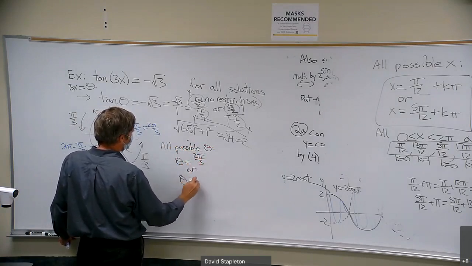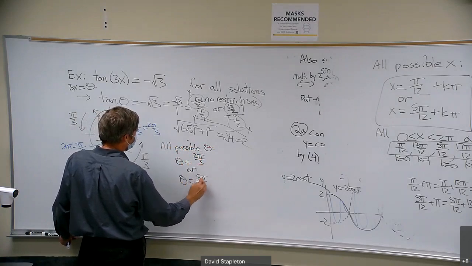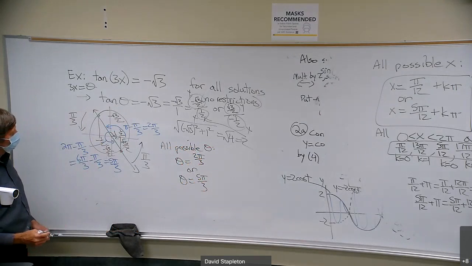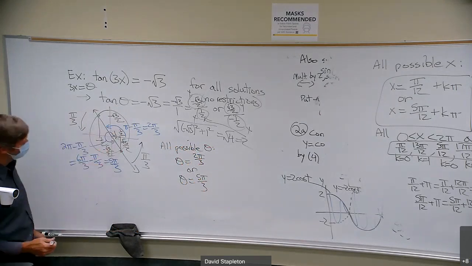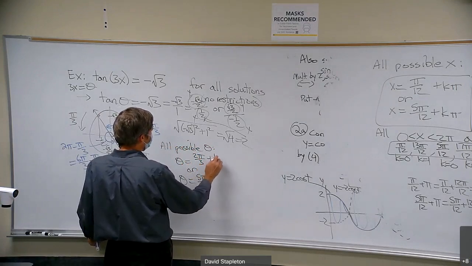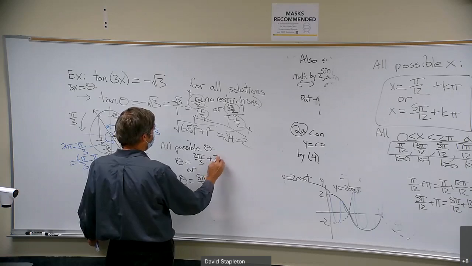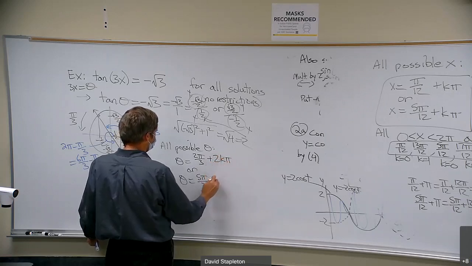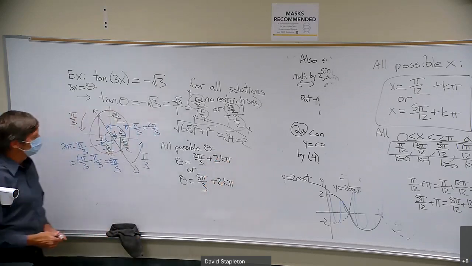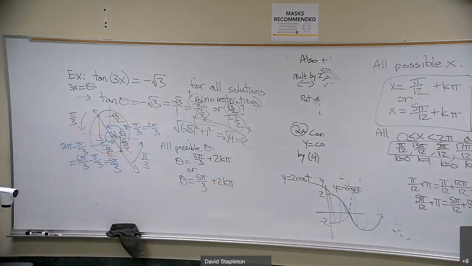And this one, 5 pi over 3. But coterminal angles always work, right? Those are all possible theta within one rotation. So I add k times 2 pi, k rotations, written as 2k pi. Same thing here. There are all possible theta. Make that work.